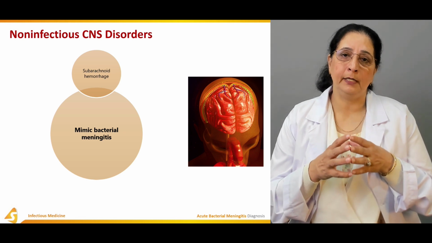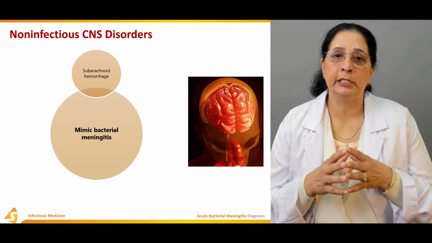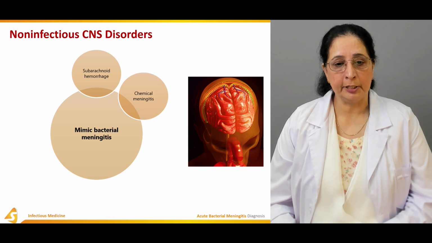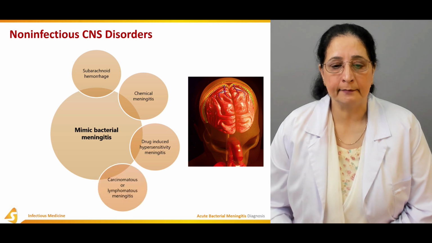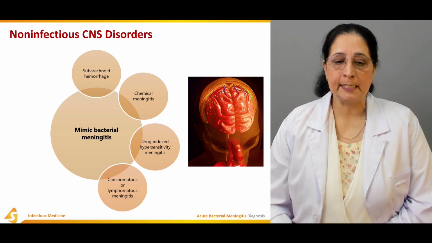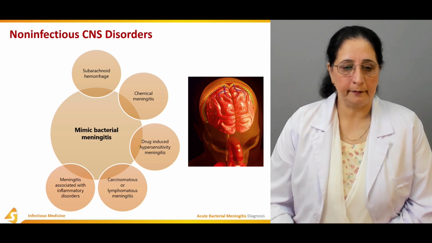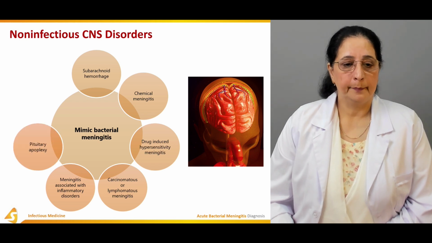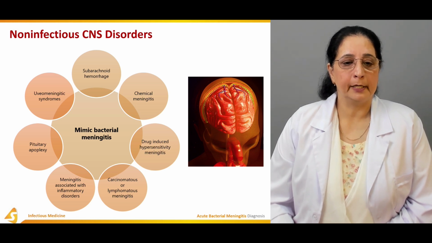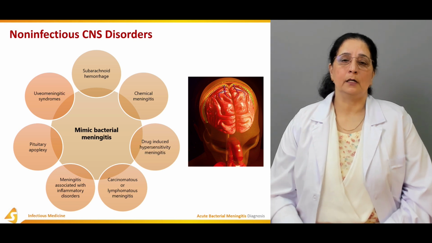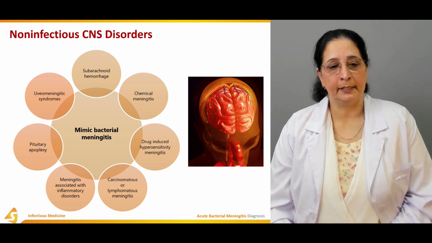There is rupture of a blood vessel and there is hemorrhage, which very, very closely resembles meningitis. Others are chemical meningitis, drug-induced hypersensitivity meningitis, carcinomatous or lymphomatous meningitis, meningitis associated with inflammatory disorders, pituitary apoplexy, and then the uveomeningitic syndrome. So these are some non-infectious disorders that can mimic bacterial meningitis.